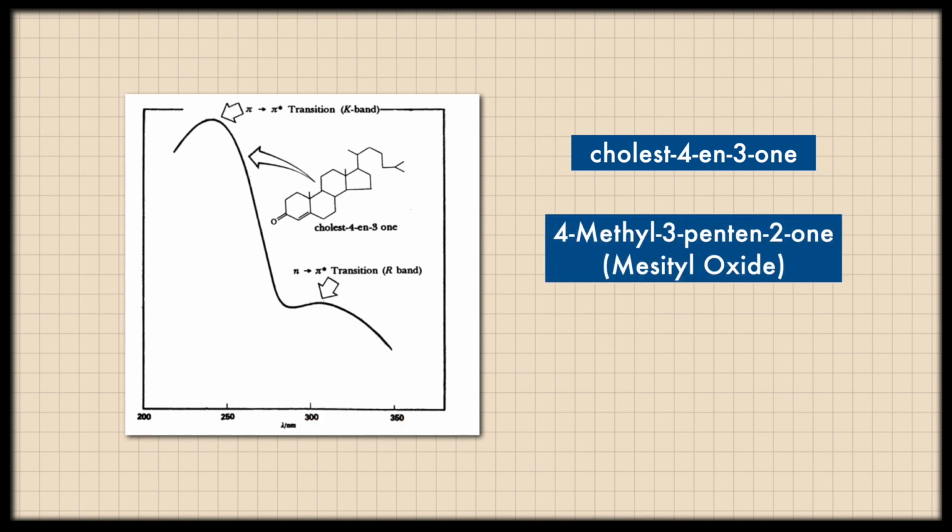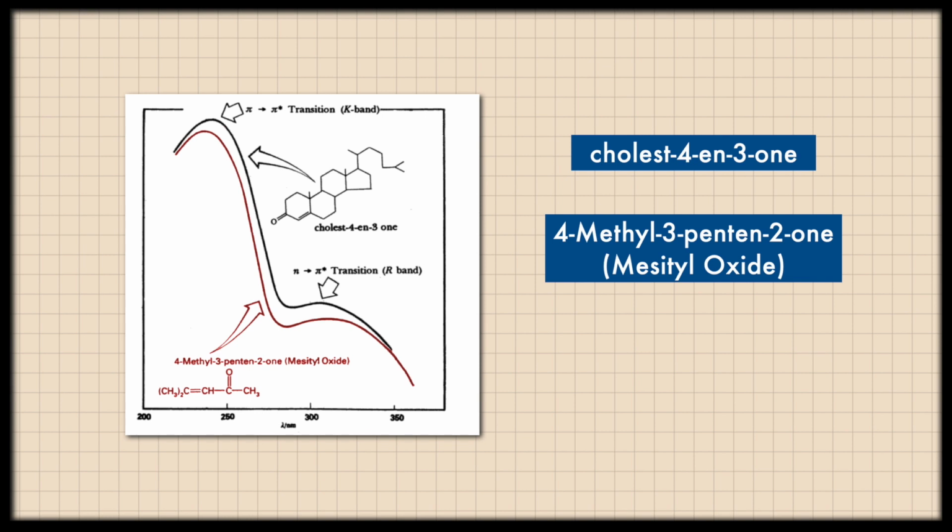Now the second example is 4-methyl-3-penten-2-one, also known as mesityl oxide. If I place this spectra side by side, you can see these two molecules have almost the same spectra. If you look closely, they have a very similar functional group.